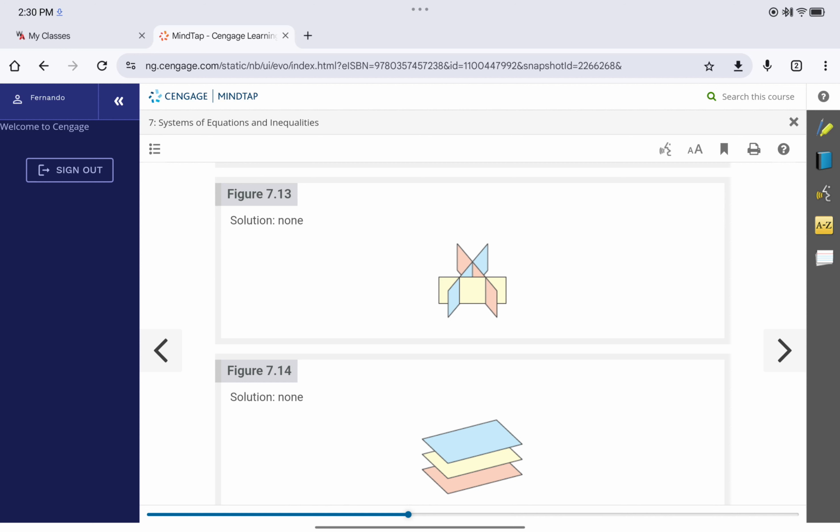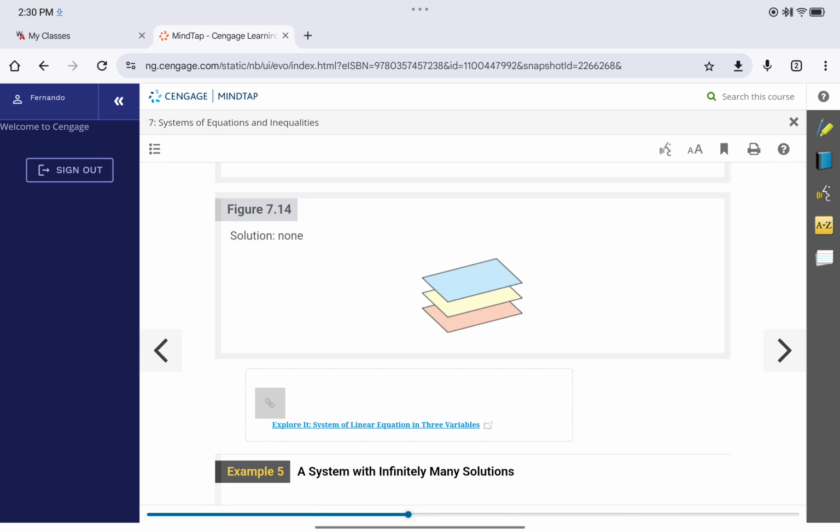So, because it has to be all three, not just two. So, in this case, if you say, well, what about that? Well, that's only two at a time. What about this? Only two at a time. Only two at a time. So, there's nothing that is all three at the same time. So, for that reason, no solution.